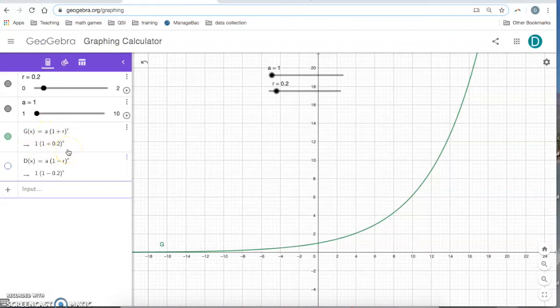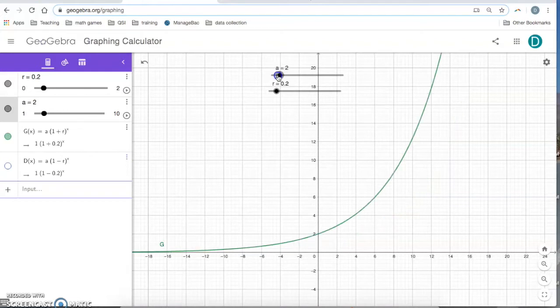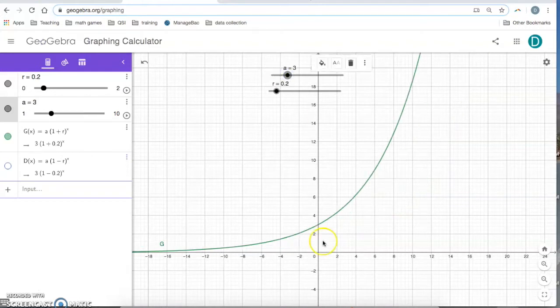Now, it's worth thinking about what happens when these numbers change. So notice what happens when I change a. If I change a to 3, for example, notice the function still has kind of the same shape. It still has this upward curve, but now it has a y-intercept at 3, so the starting value is 3.